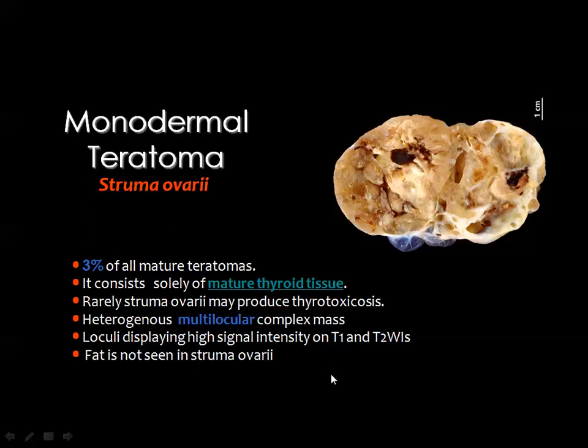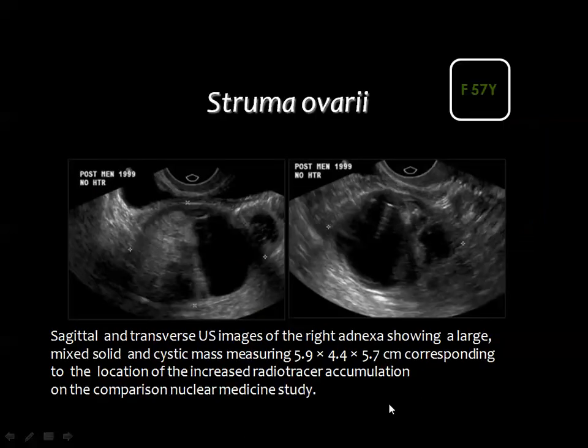And also we should know that fat is not seen in these lesions, since fat is one of the diagnostic landmarks of mature ovarian teratoma or the ovarian dermoid cyst.